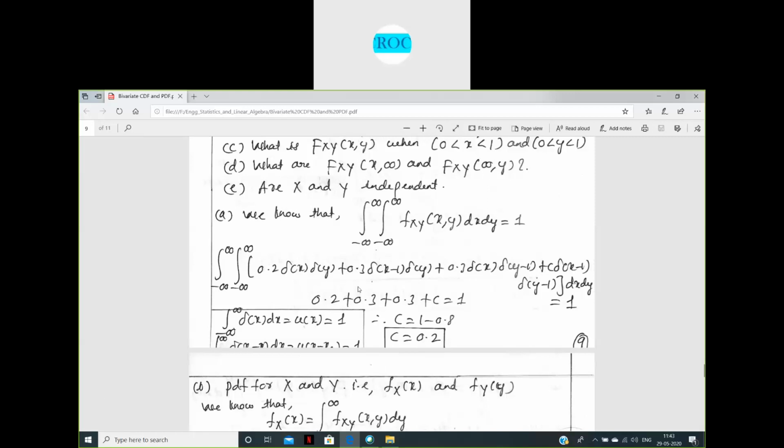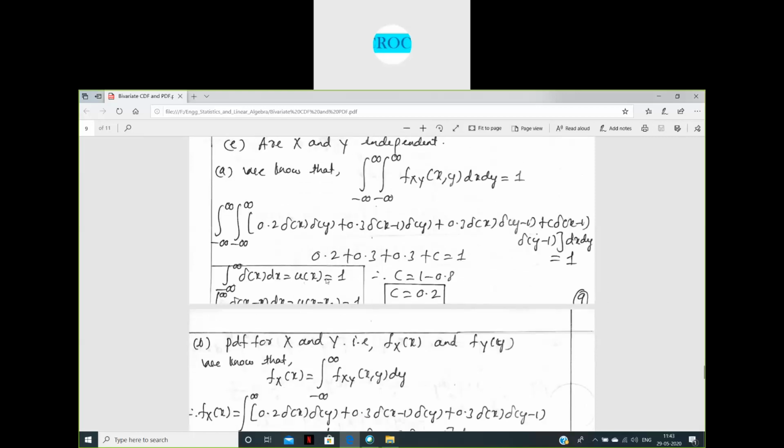Now for the second term, since 0.3 is a constant, we take that outside the integration. Now the integration from minus infinity to infinity of δ(x−1) dx and δ(y) dy. You can see from these two formulas, this is also equal to 1. So from the second term, when we evaluate the integration, we get 0.3.